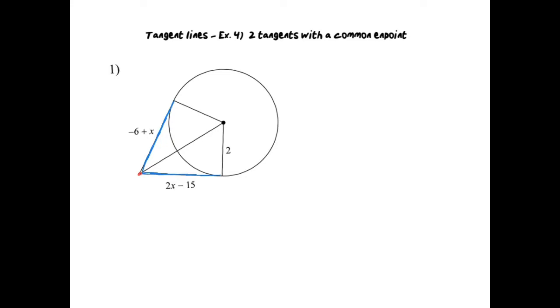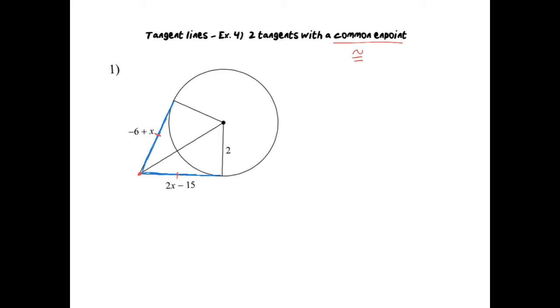And what we should already know, because we did it in our notes and then I made a video to prove it, is that those two tangents that intersect are congruent to each other. So two tangents with a common endpoint are congruent, which means they have an equal measure.